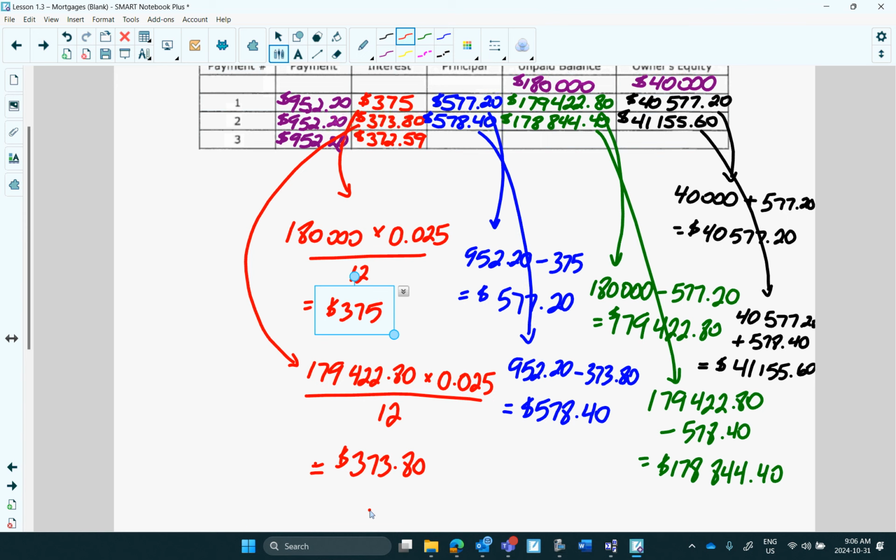So he pays a little bit less again, which means he's paying a little bit more towards his principal. How much more? The difference between these two. So this subtract this will tell me how much he's putting back towards the loan. And that amount works out to $579.61.